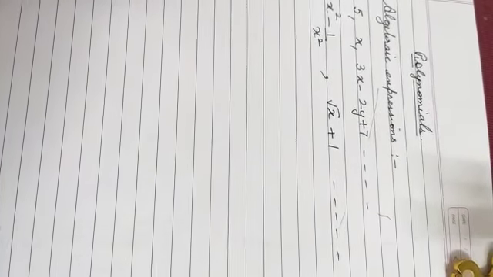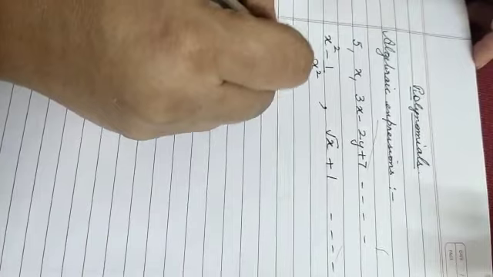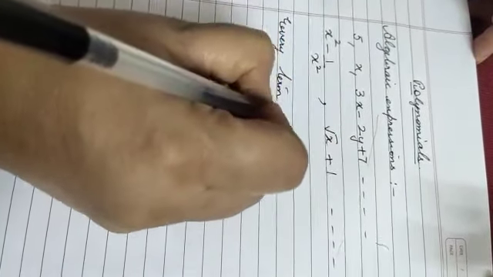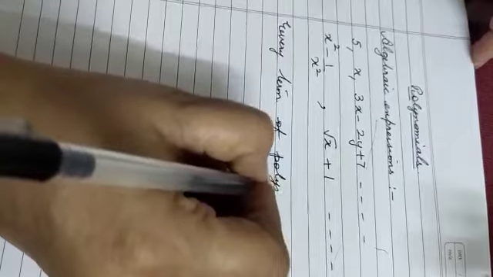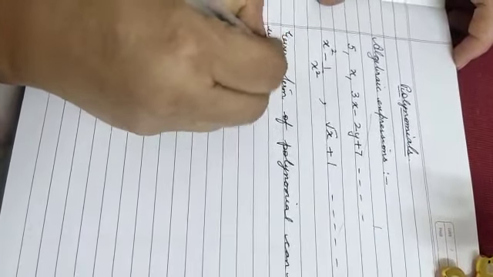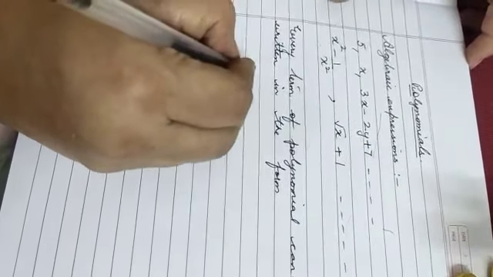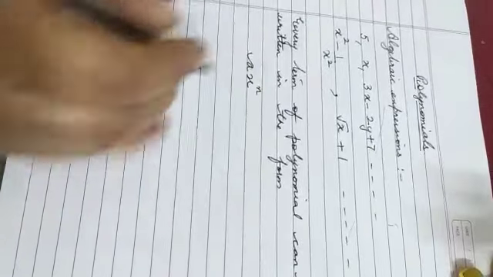Now what is the difference between algebraic expressions and polynomials? A polynomial is an algebraic expression. It is a particular type of algebraic expression. What is particular about polynomials? That every term of a polynomial can be written in the form a into x to the power n.